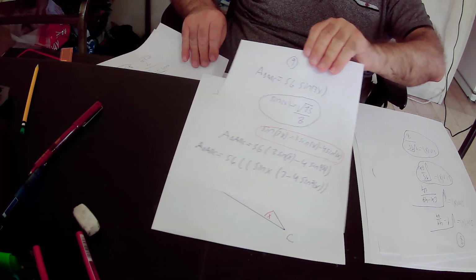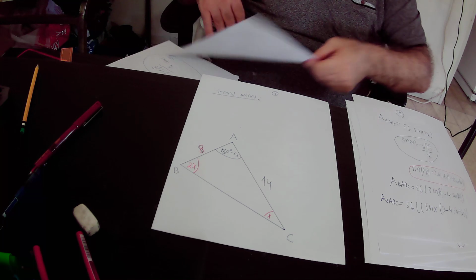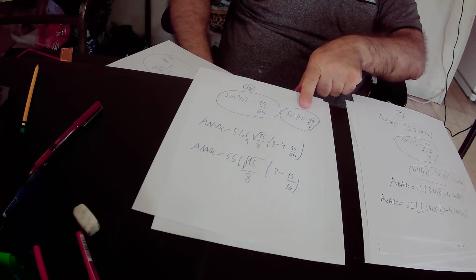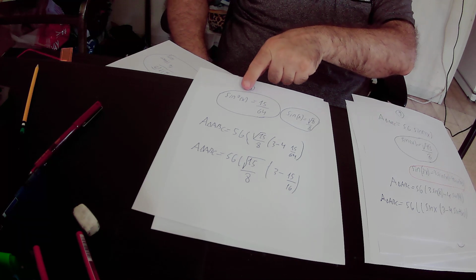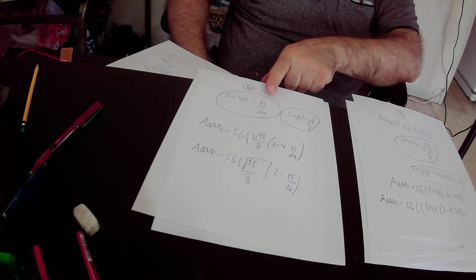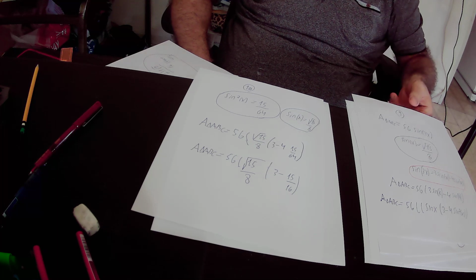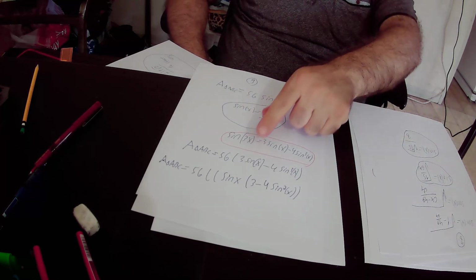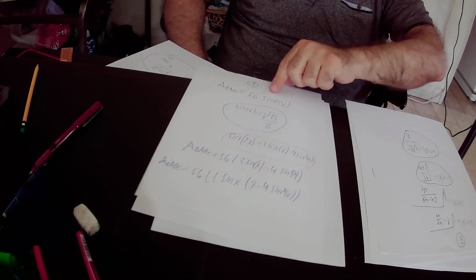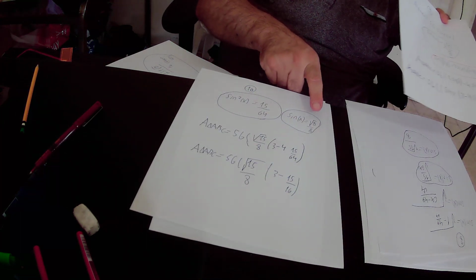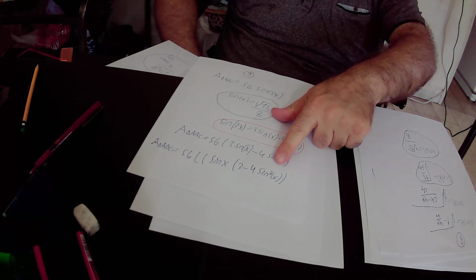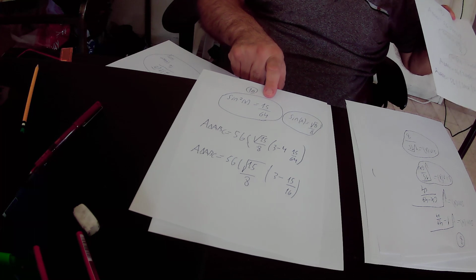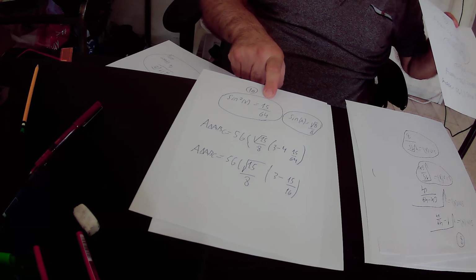So we know that sine x equals root 15 over 8. If we square this equality, we will get that sine square x equals 15 over 64. So here we can substitute sine x by root 15 over 8, and we can substitute sine square x by 15 over 64.